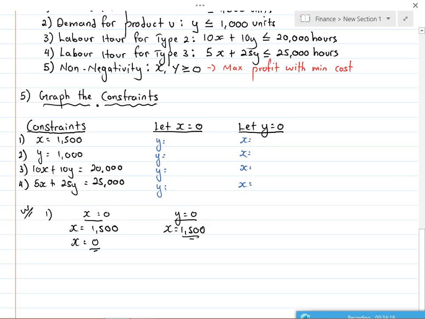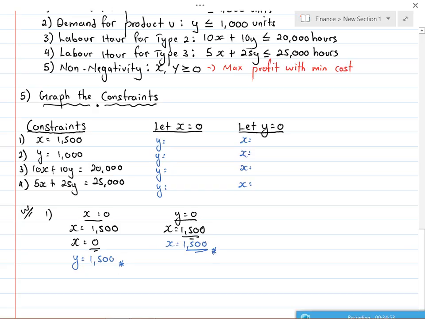Okay? But my question is not yet finished. Your working is also not yet finished. When x equals to 0, y is how much here? 1500. Here, when y equals to 0, x is how much? 1500.